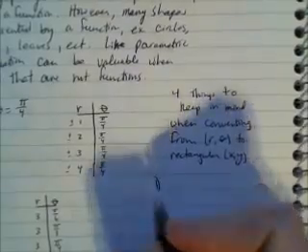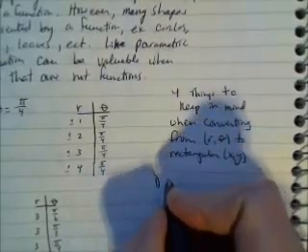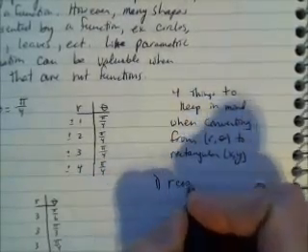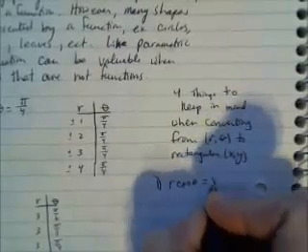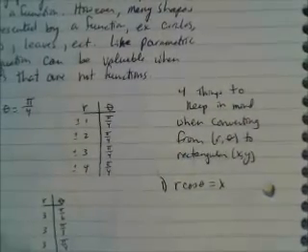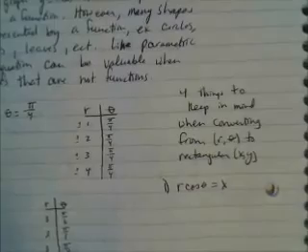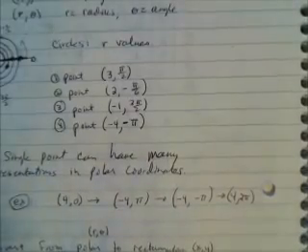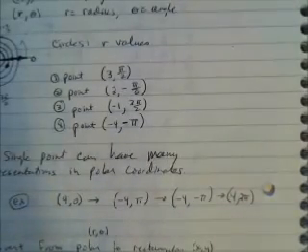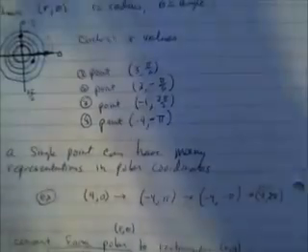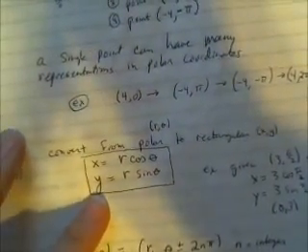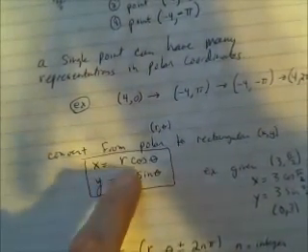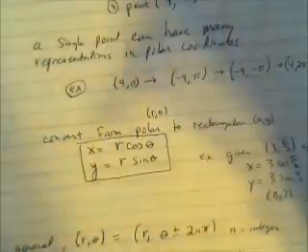Four things we need to remember is that, first of all, r cosine of theta is equal to x. I think we learned that a couple of days ago in the video before. x is equal to r cosine theta and y is equal to r sine of theta.